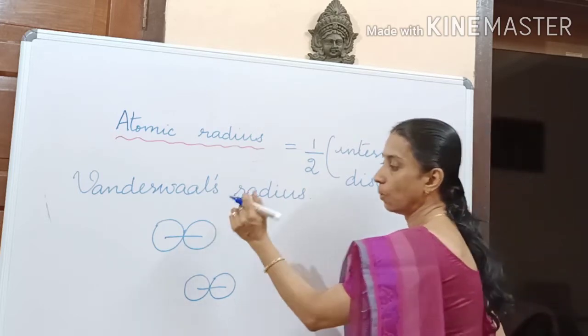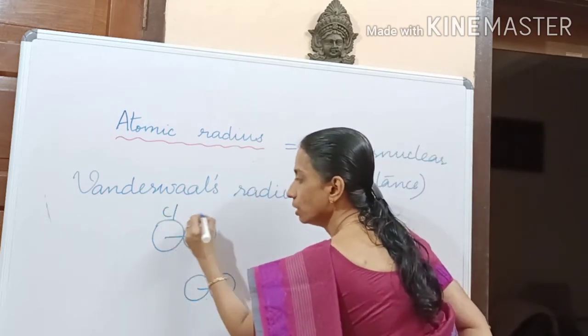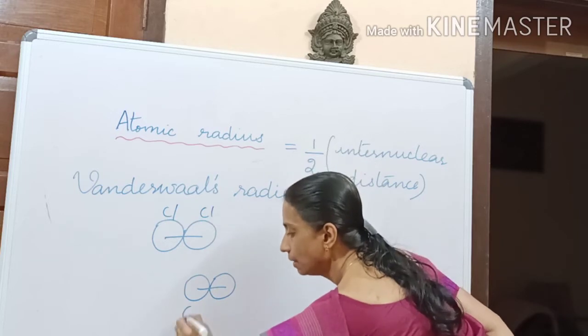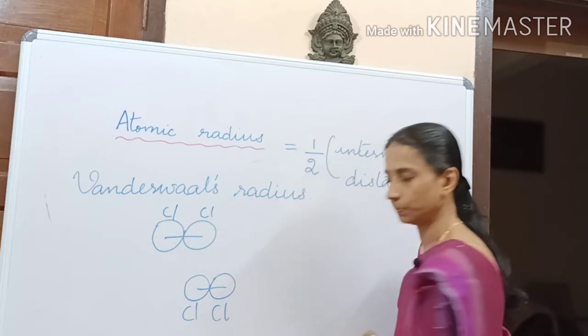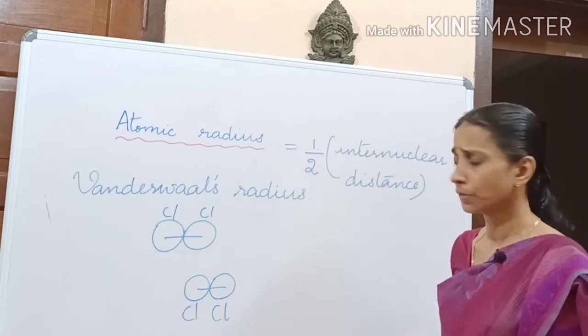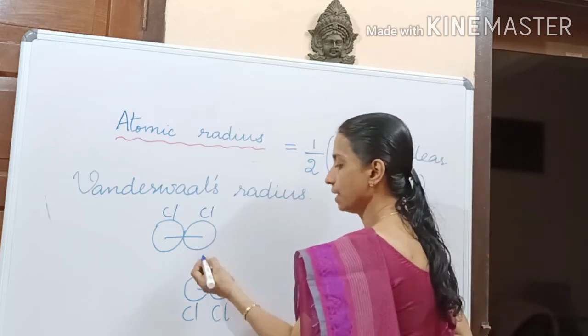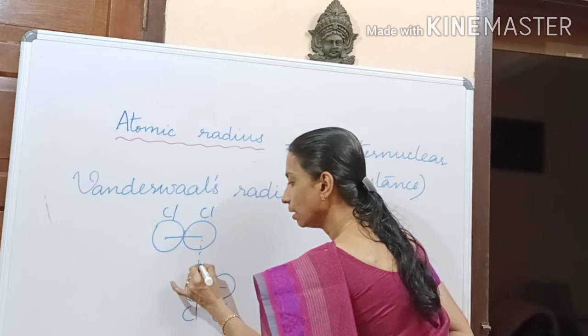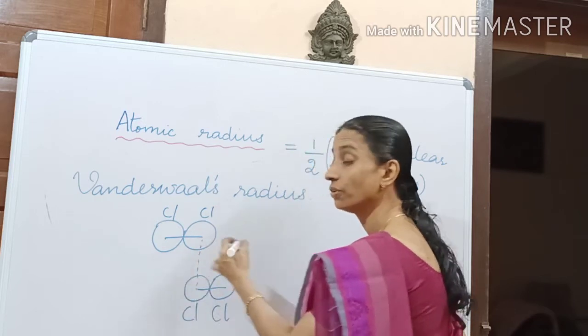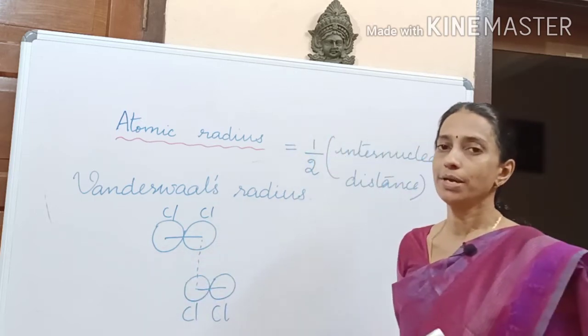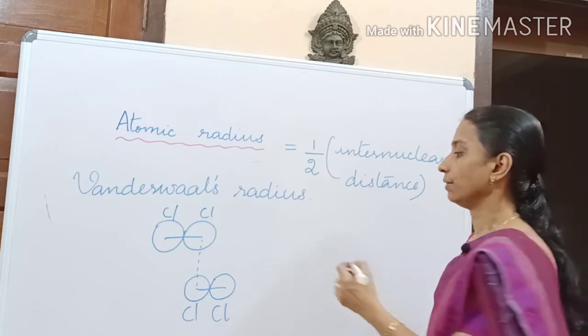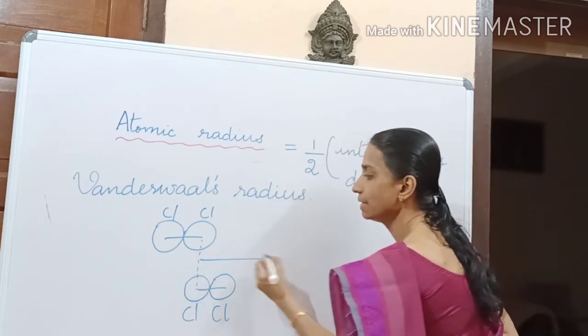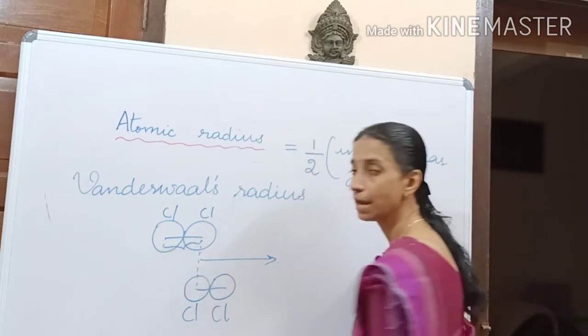Suppose I take one chlorine molecule here and the other chlorine molecule this side. Clear? Then the distance between the neighboring atoms of the non-bonded molecules is always greater than this distance. Agree?